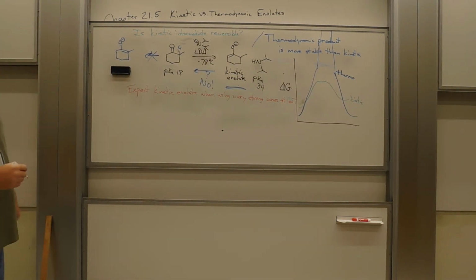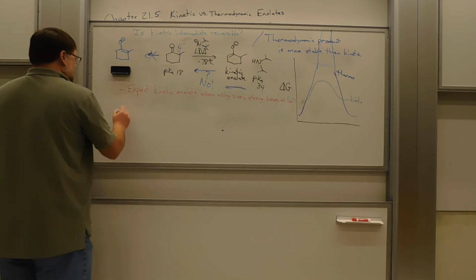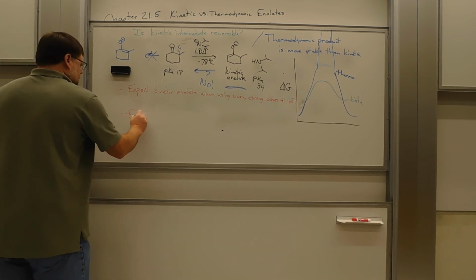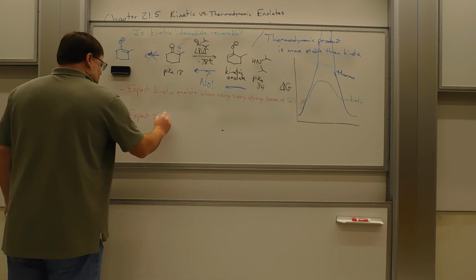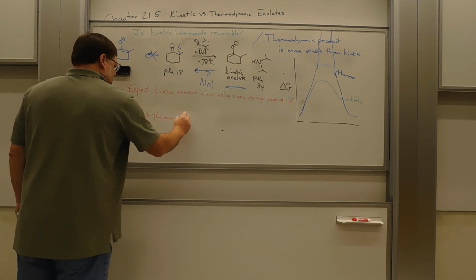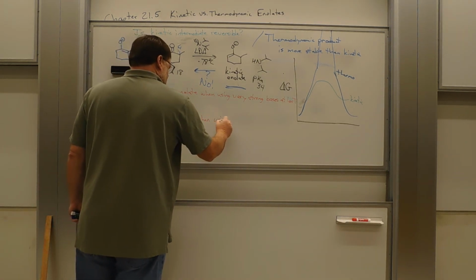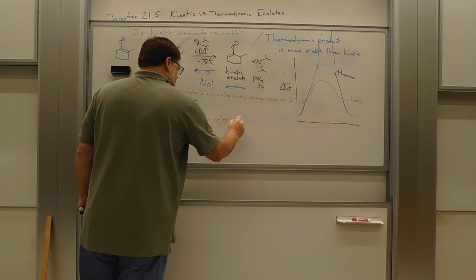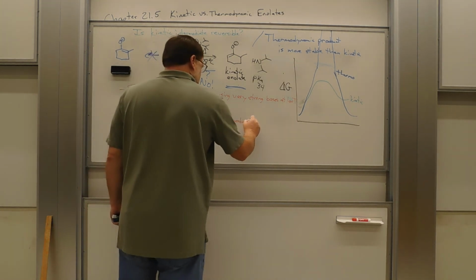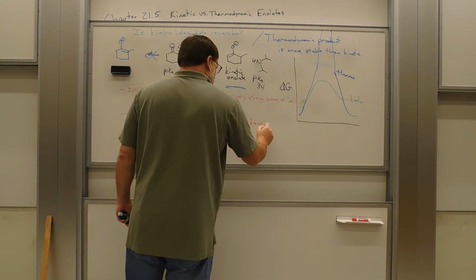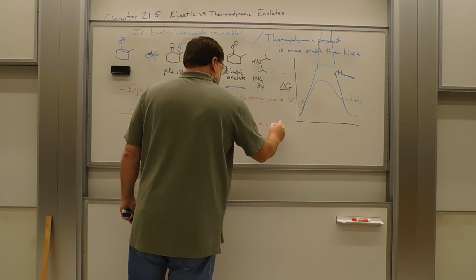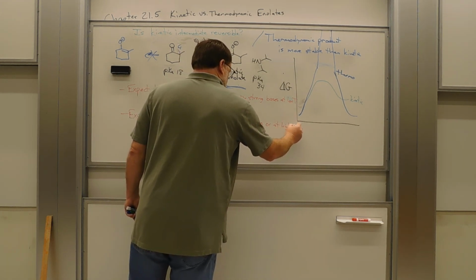So you should expect the kinetic enolate if you're using a really strong base at low temperature.